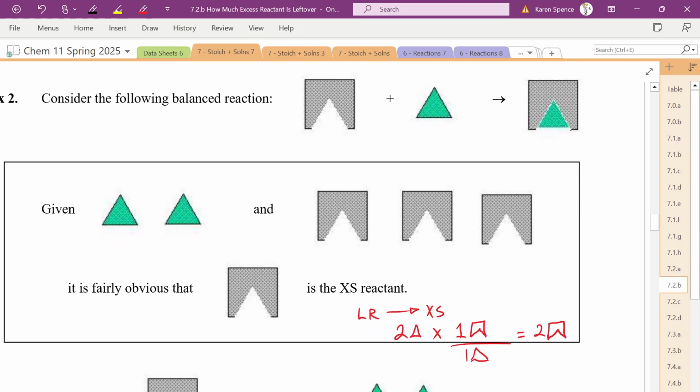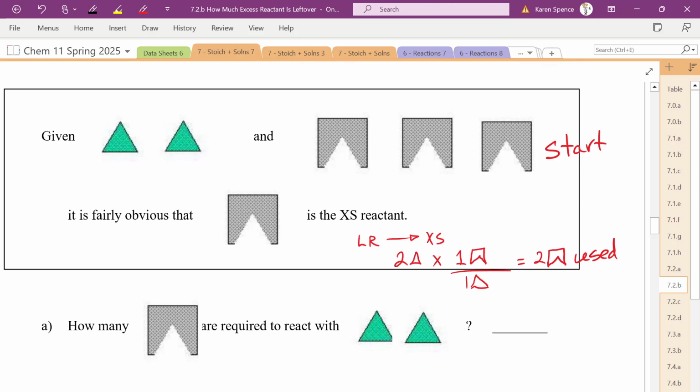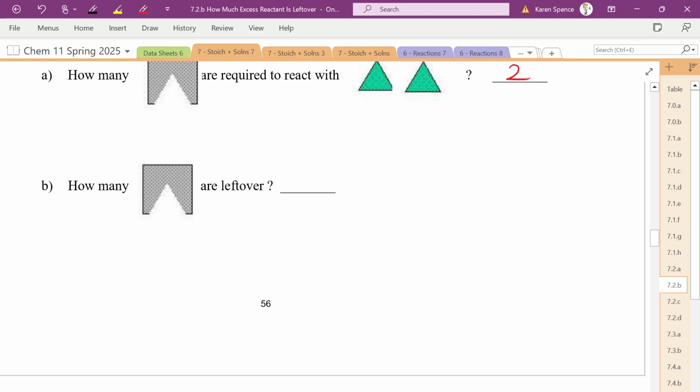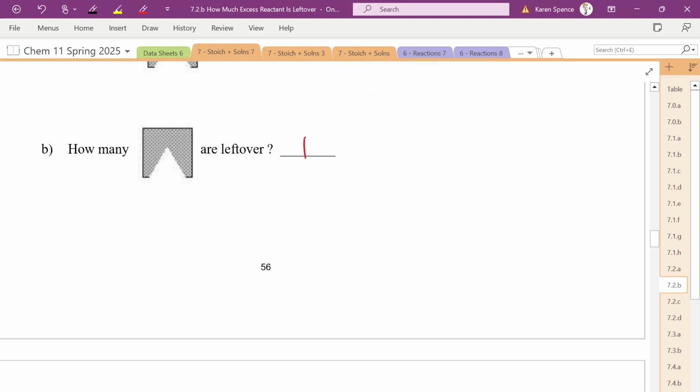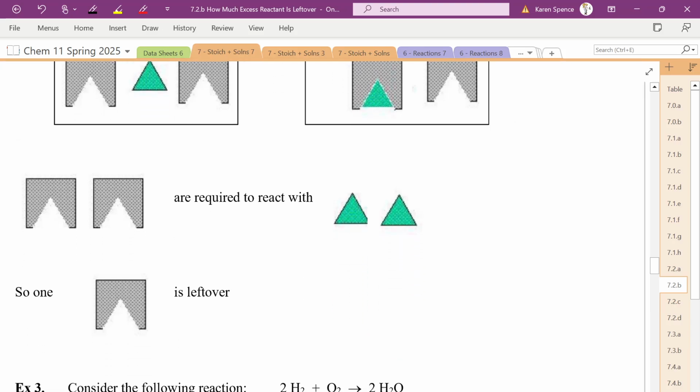And then you would say, okay, I started with 3. This is my start. This is how much is used. 3 minus 2 is 1. I hate this example. I need to come up with something better because this is just too easy, I think. But anyway, before, after, there we go, 1 is left over.